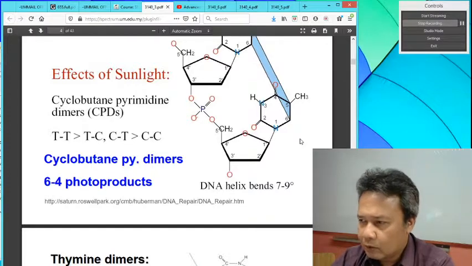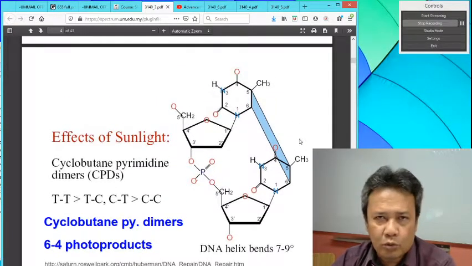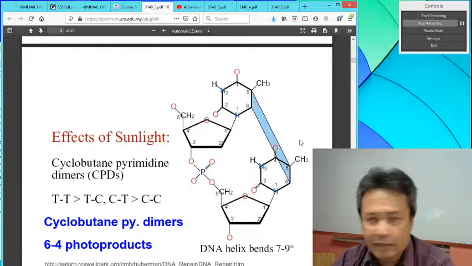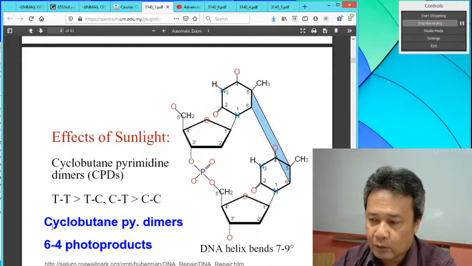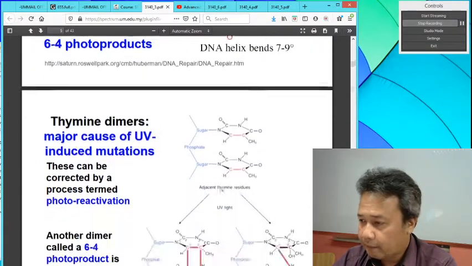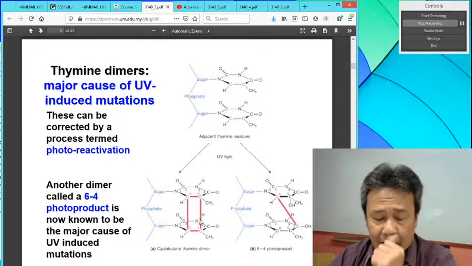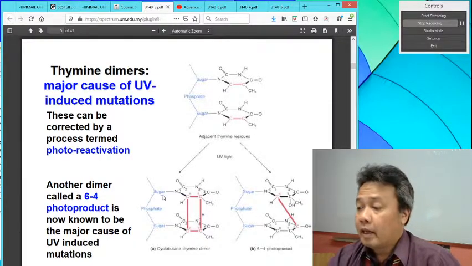For example, the effect of sunlight will give you two potentially hazardous effects. You get cyclobutane pyrimidine dimers and also 6,4 photoproducts. These are the two things that can happen after exposure to UV.